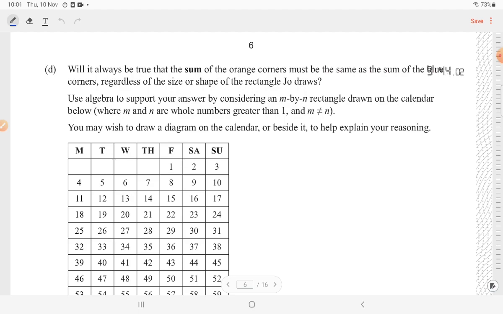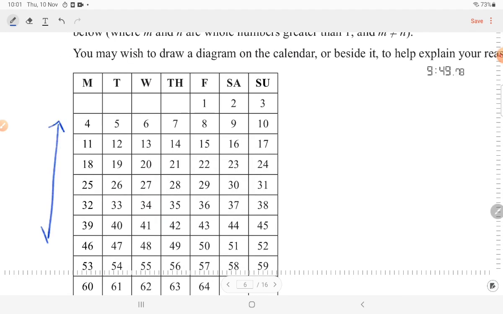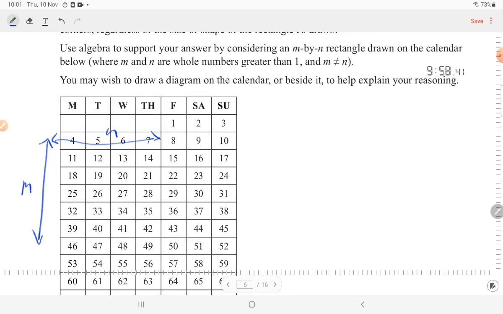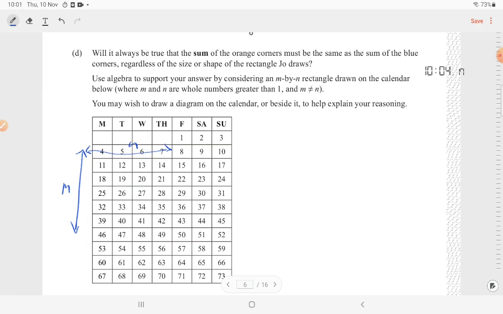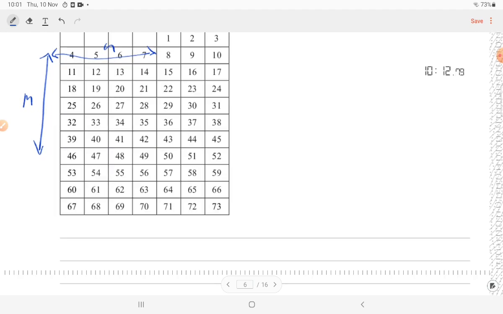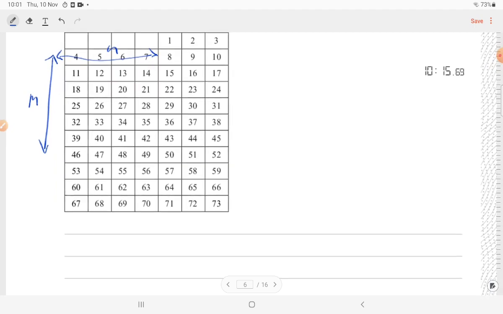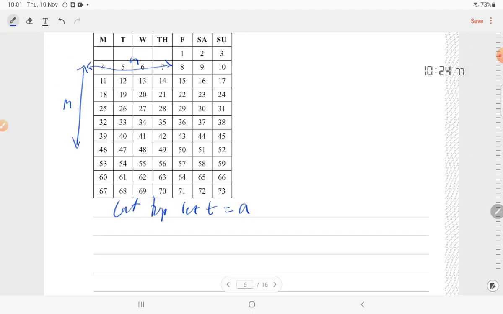So let's just create this, so the top left equals a.